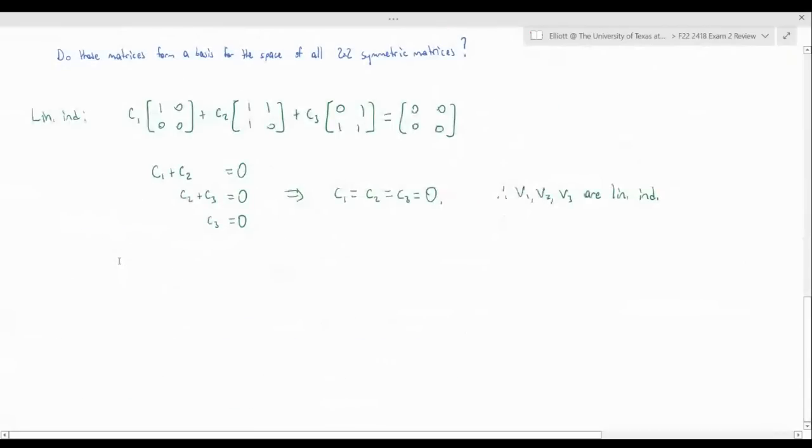So let's check how we would do that, because I guess this may be good to see an example of how you would. To show that these three matrices span the space, what that means is if we take any 2x2 symmetric matrix, okay, and here notice that since I am working with symmetric matrices, that's why I made these two entries the same.